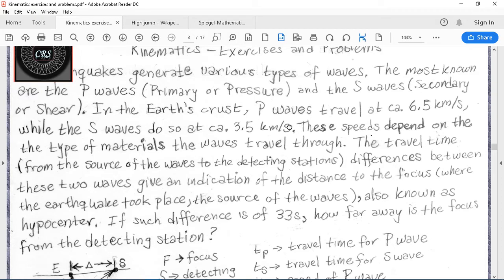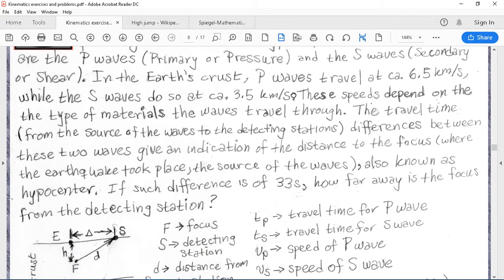In the Earth's crust, the P waves travel at about 6.5 kilometers per second, while the S waves travel at about 3.5 kilometers per second. Of course, these speeds depend on the type of materials the waves travel through, so they are just approximate average values.